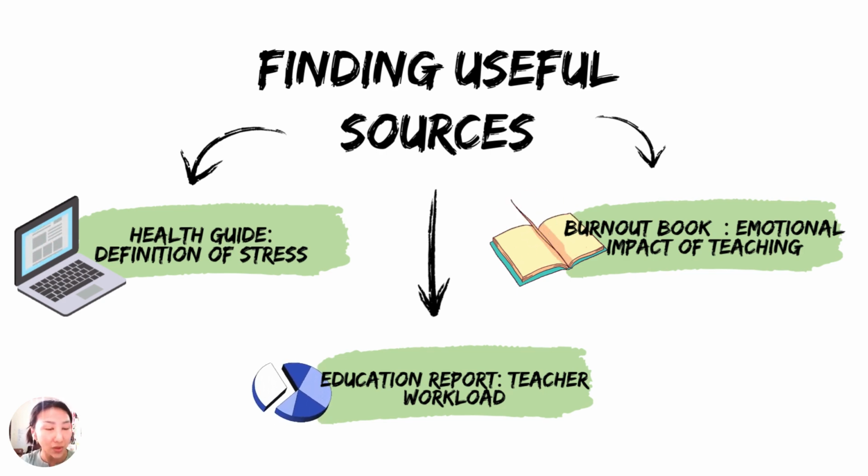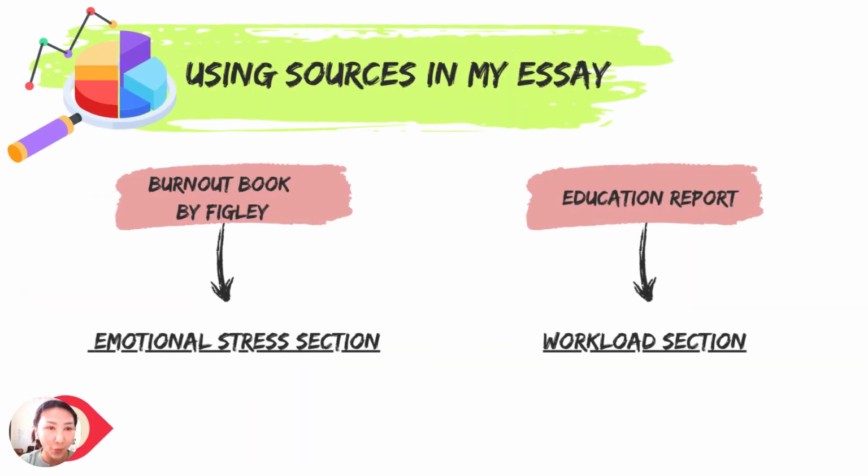When selecting sources, try to combine a mixture of data, expert opinion, and research studies to provide a well-rounded perspective. So next, move on to step four. Step four will be using the sources in my essay. Let's look at where I use specific sources in my essay.